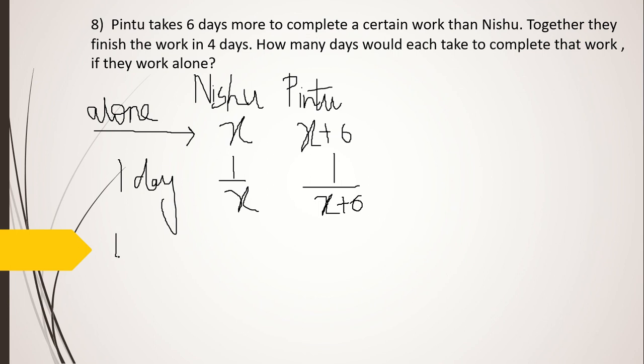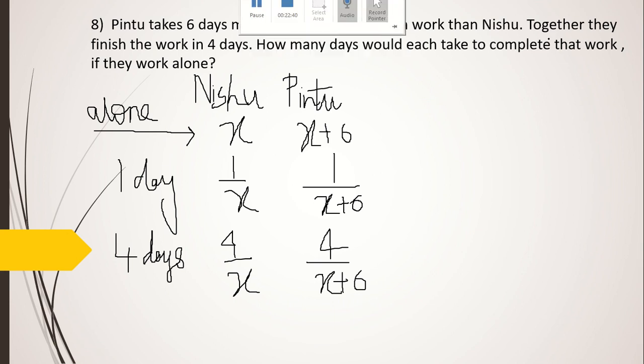So in 4 days, how much work she'll finish? 4 days. In 4 days she will finish 4 into 1 upon x, that is 4 upon x, and this one will finish 4 into that, so that is 4 upon x plus 6. Okay, so in 4 days Nishu finishes so much and Pintu finishes so much.